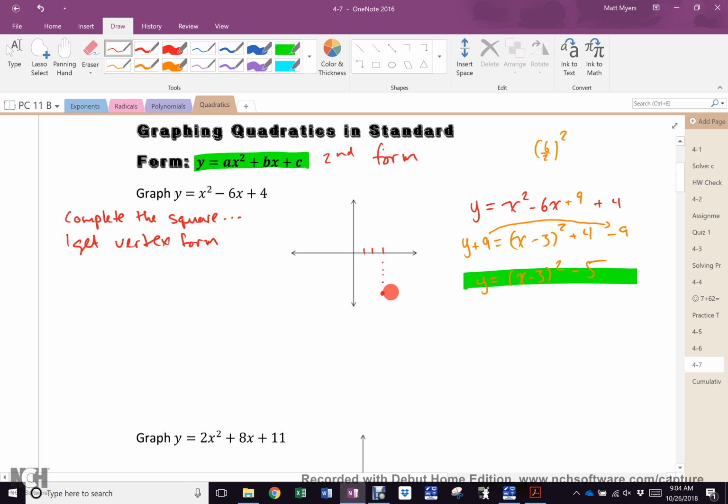Positive or negative? So over 1, up 1. Over 2, up 4. And swoo. Everybody cool? Sweet.